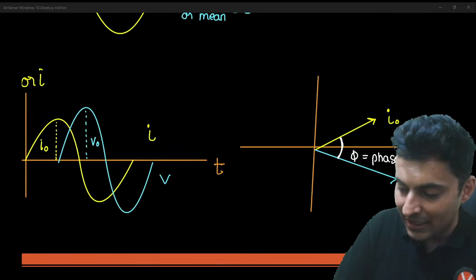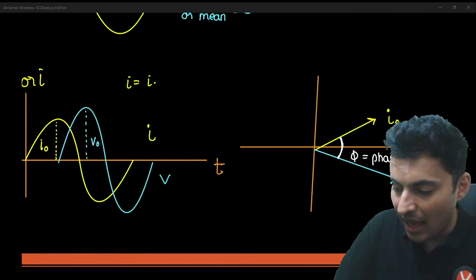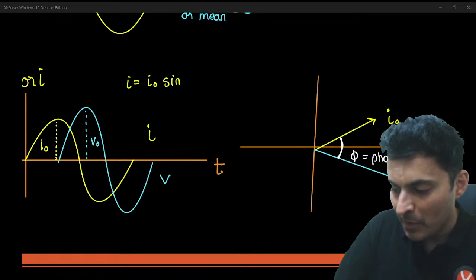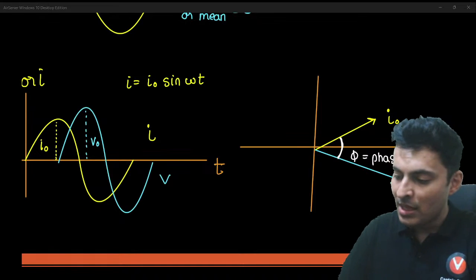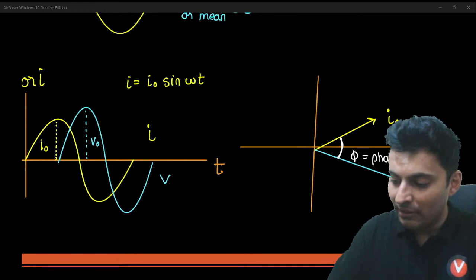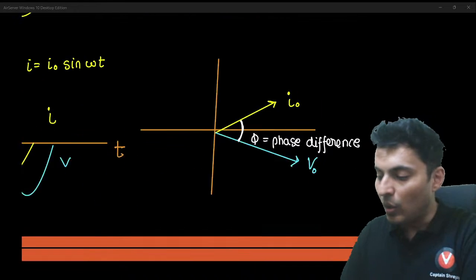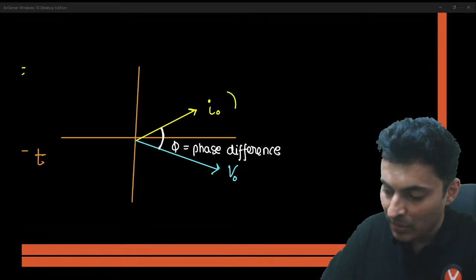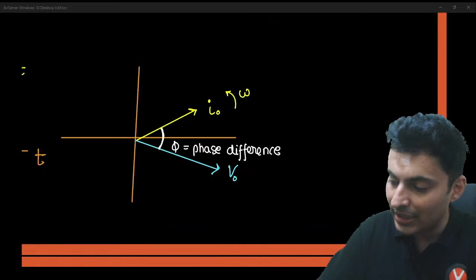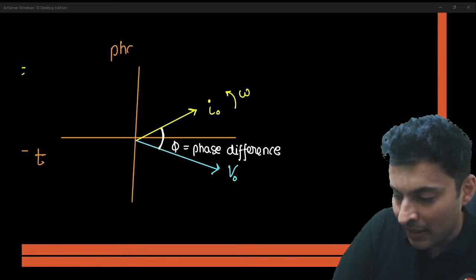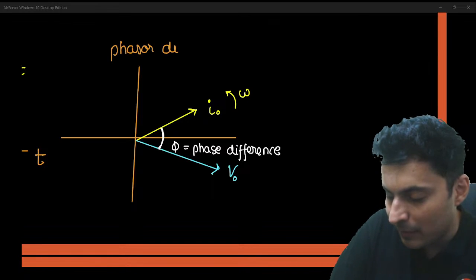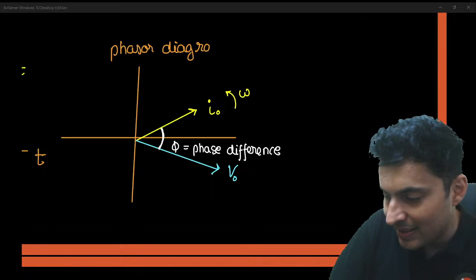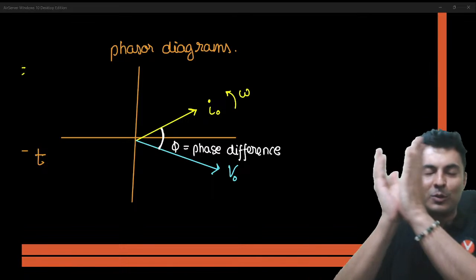So if I represent current as I naught sine omega t, this omega, whatever I write over here, is also the angular speed of rotation in this phasor diagram. In a phasor diagram, always things are rotating.